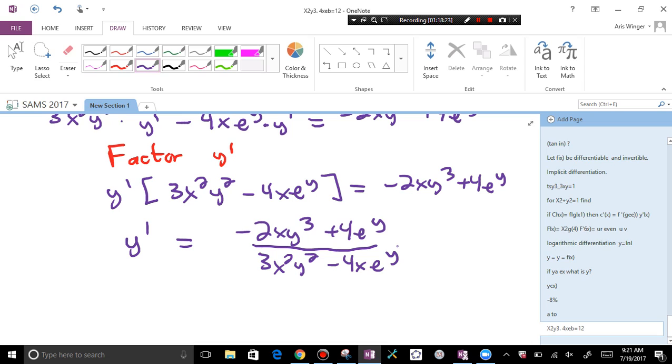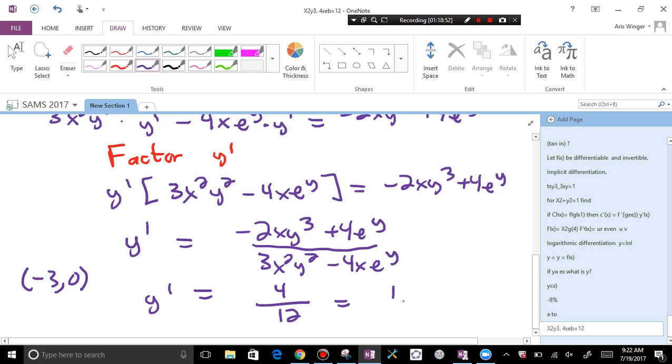So once you get that whole line again with the derivatives, you move every non-y prime term to the other side of the equal sign, factor out y prime, divide. That happens every single time. We were interested in the point negative 3 comma 0. That 0 is very convenient. That's 4 over 12, 1 over 3.